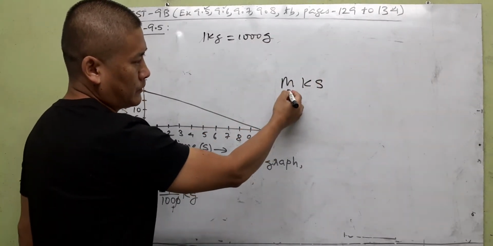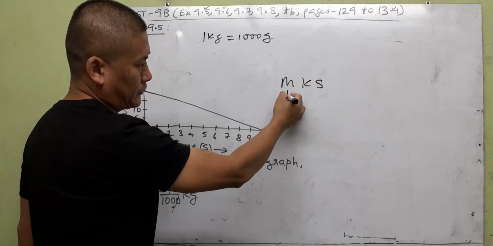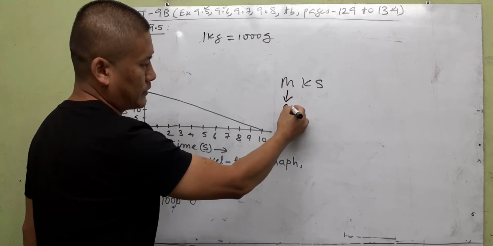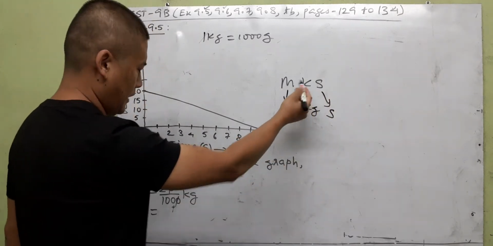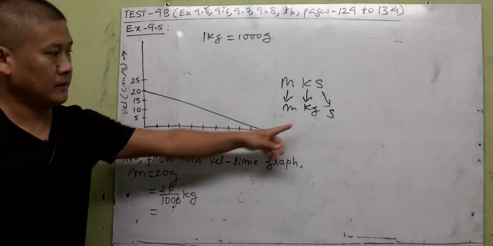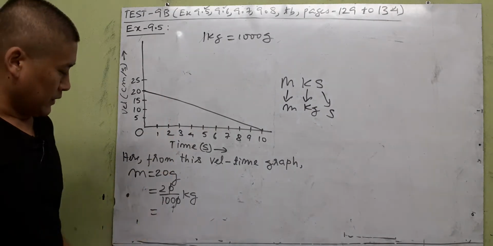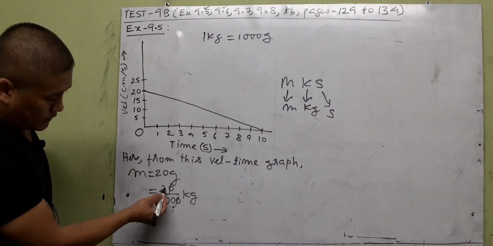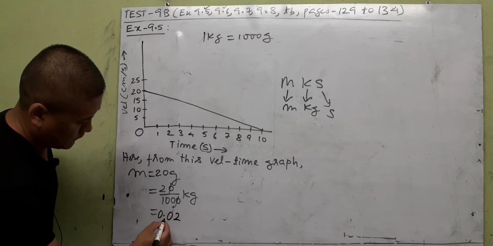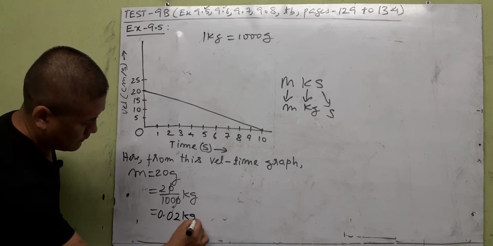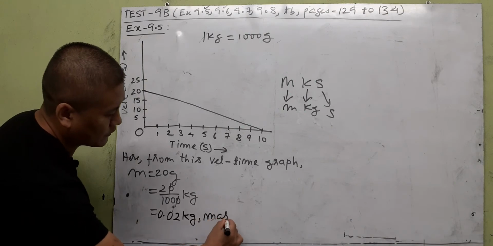So for calculating distance, it is meter, mass is kg, and time is seconds. So the mass has to be changed to kg. So divide by 1000. So 1, 2 zeros. So here decimal will shift 2 places to the left. So 1 and 2 places here to the left of this 0, and kg is the mass of the ball that is moving on the table.